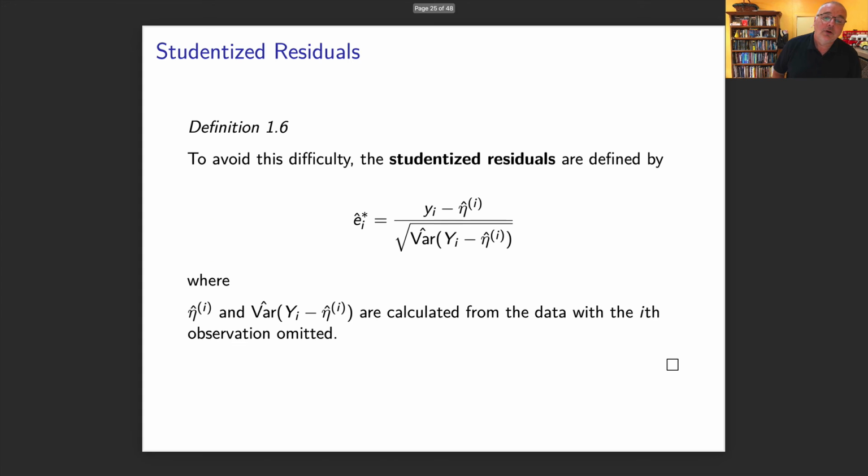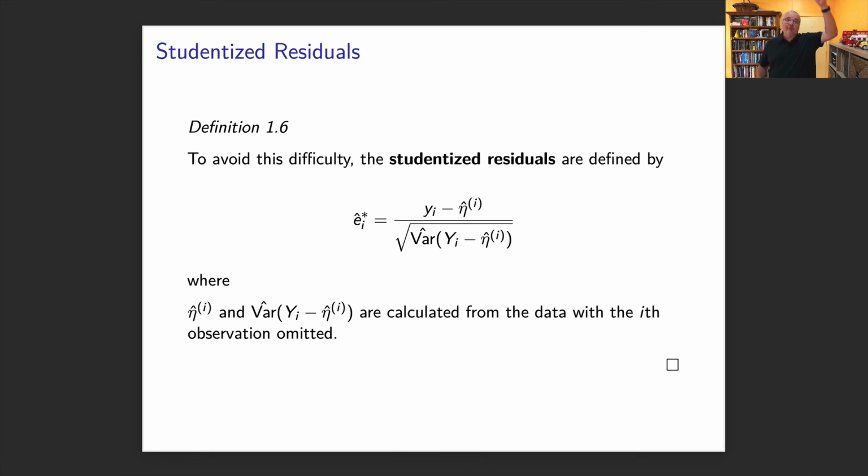So what do we do? We have a new one called a studentized residual. What's a studentized residual? Basically, it's y minus the fitted, divided by the square root of the variance of y minus the fitted, but not quite. Notice this (i) here and this (i) here. What we're doing is working out the residuals and standardizing using a model that has all the data except for that point.